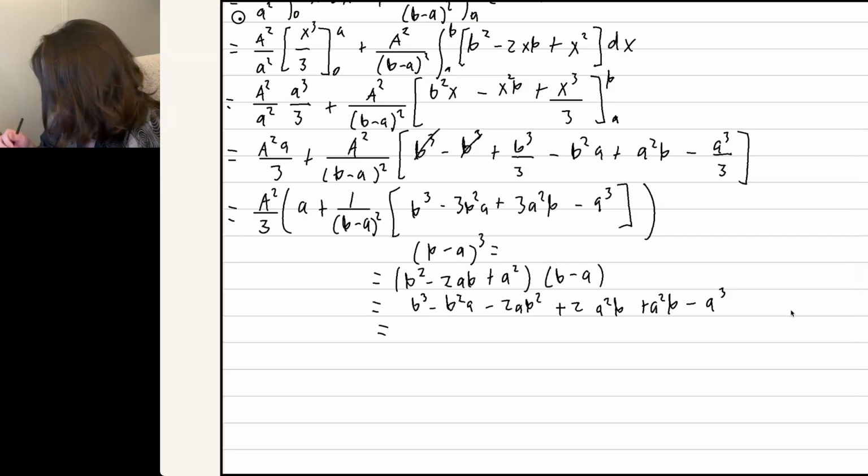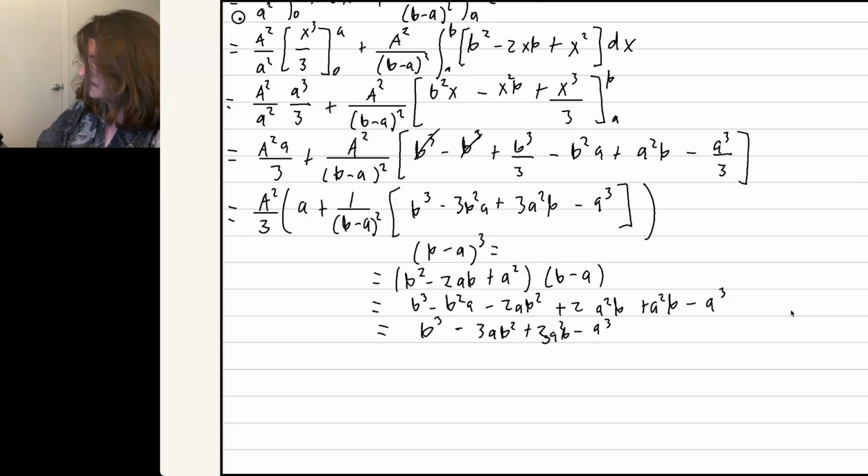Combining like terms, it's b cubed minus 3ab squared plus 3a squared b minus a cubed. Yes, the term inside the brackets is just (b minus a) cubed.